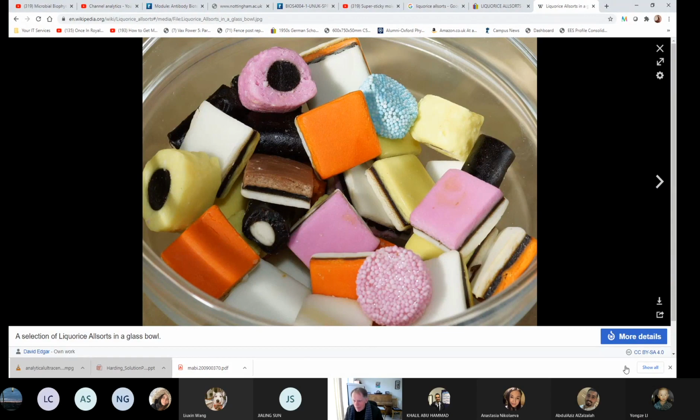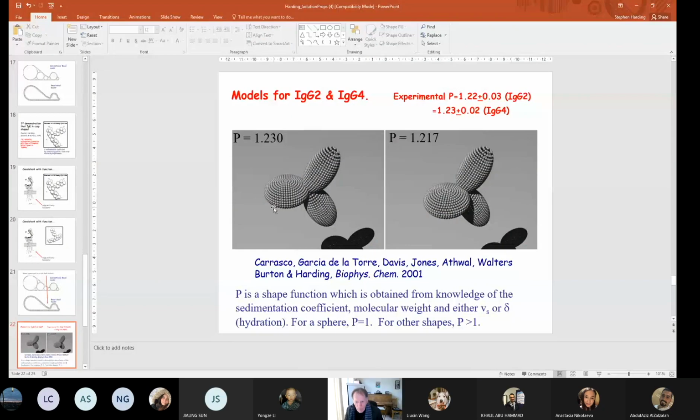Let's get out of this now and go back to the main plot. Right, okay, so see the analogy there? That's what we call licorice all sorts models. These are bead shell models, like licorice all sorts.